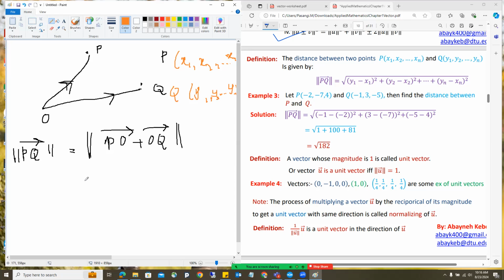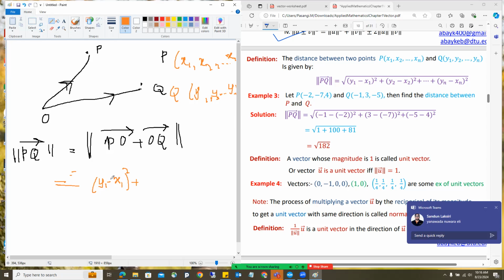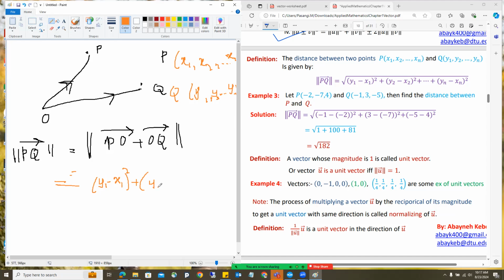We can have this as the square root of y1 minus x1 squared plus y2 minus x2 squared plus yn minus xn squared, the complete square root.